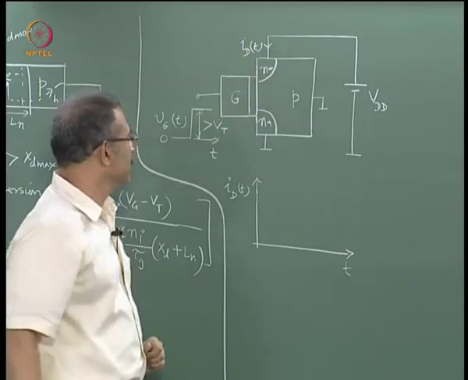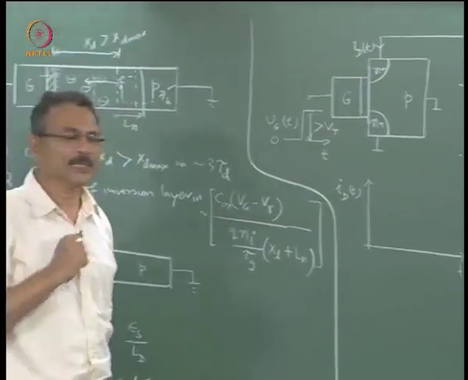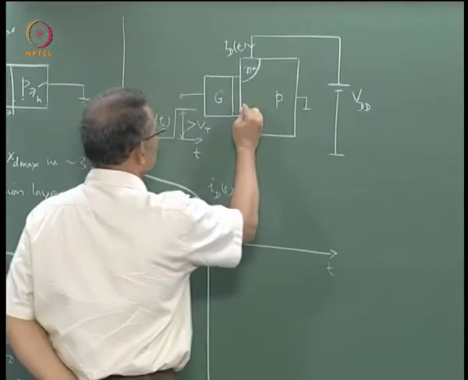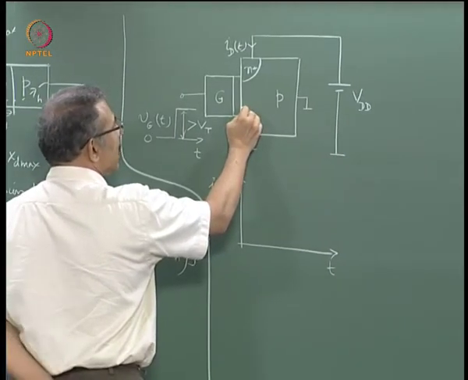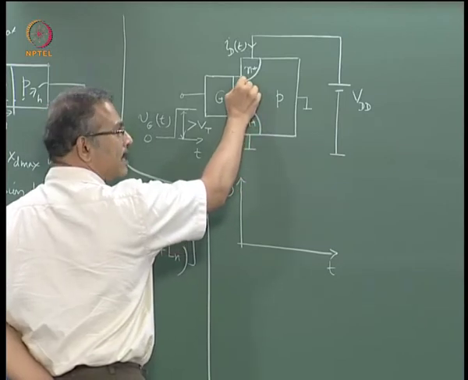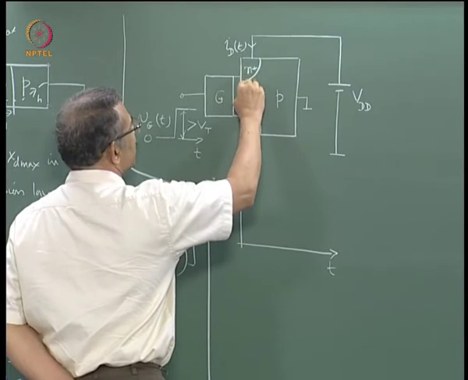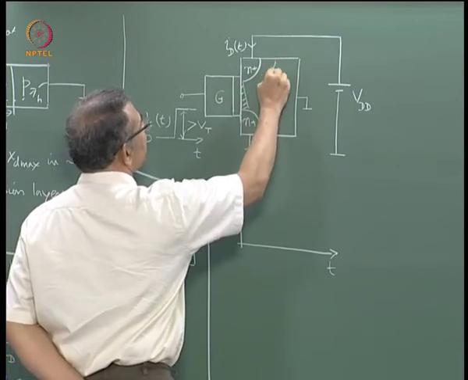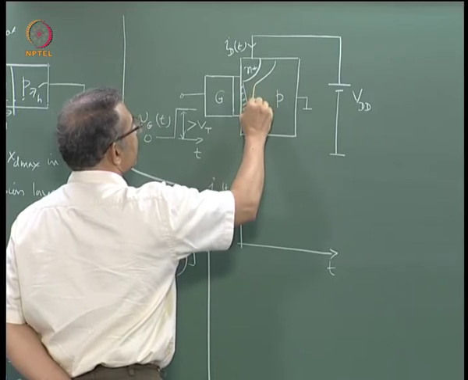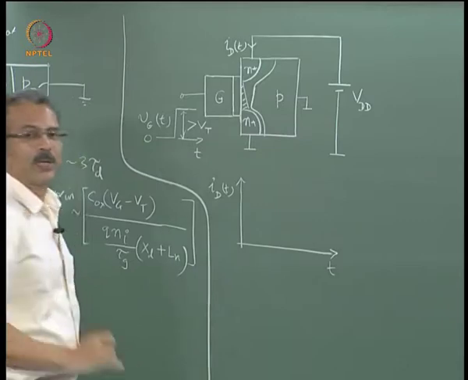When will this happen? Here you can bring in the concept of transit time. You know that the electrons at the source end will take about a transit time to reach the drain end, and therefore the formation of the full inversion layer from source to drain will take about a transit time.